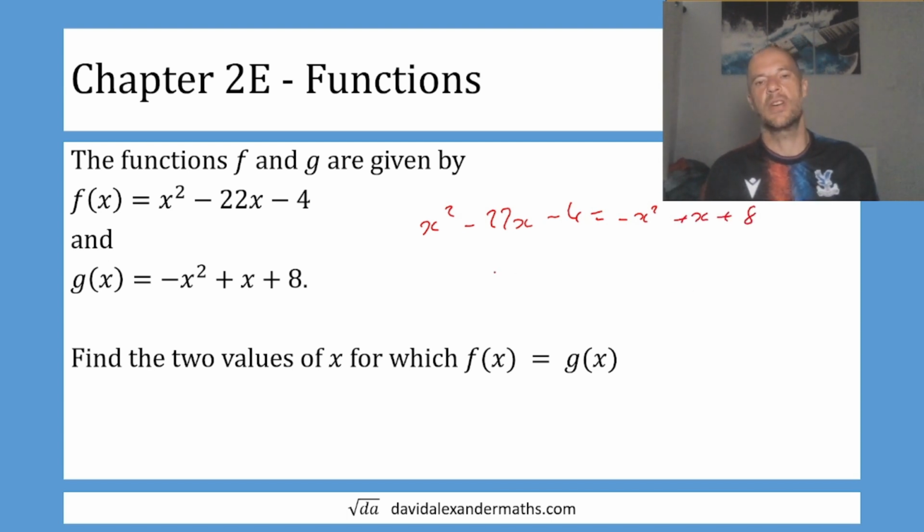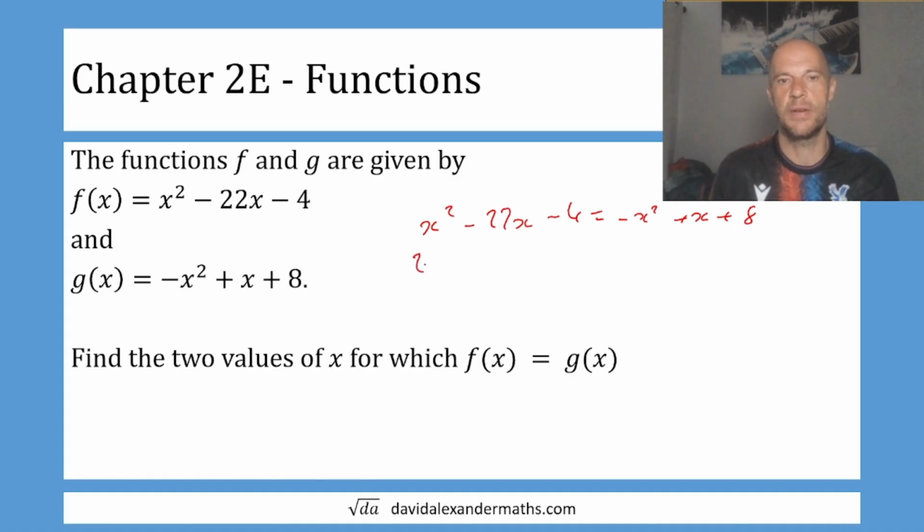Okay, so we've got an x squared here, so to solve it I need to make it equal 0. I don't want it equalling negative x squared plus x plus 8, so I'm going to add an x squared to both sides. I'm going to subtract an x from both sides, and I'm going to subtract 8 from both sides. So the only way I'm getting a 2x squared is a 2x and an x.